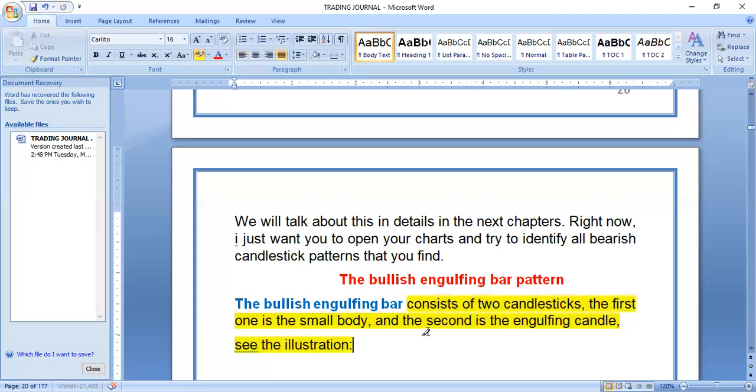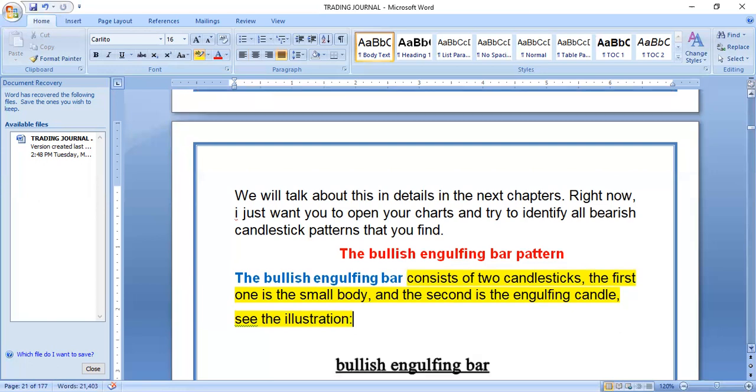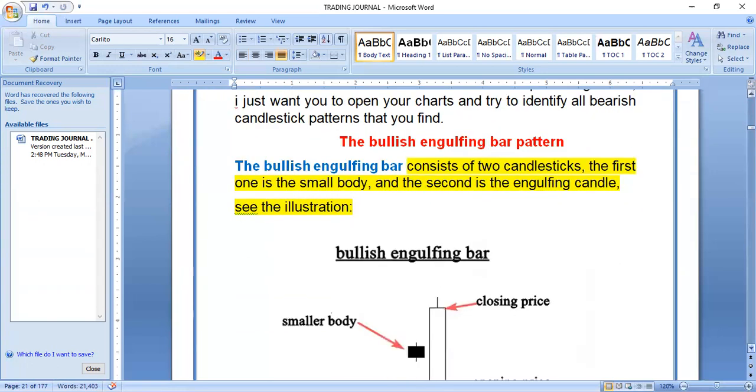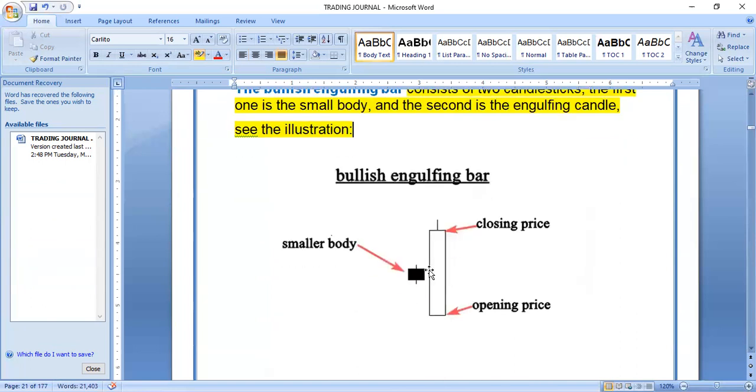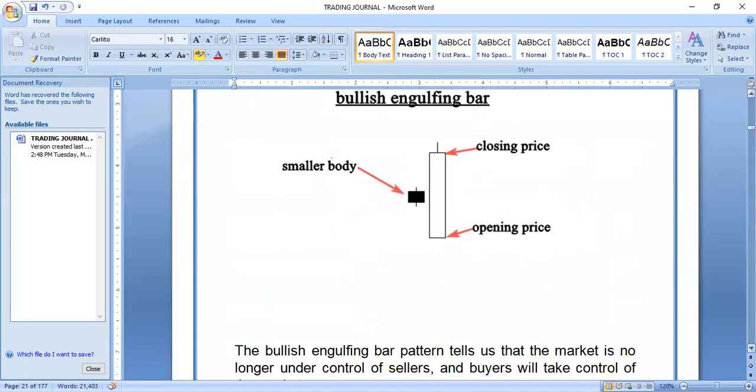The first one is a small body, and the second one is the engulfing candle, just like from the previous chapter that you have just tackled. You have the smaller body. This now is on a trending bearish market. That's why you look at the bullish engulfing. You have the smaller body, then a fully engulfing bullish candle to confirm a bullish trend.